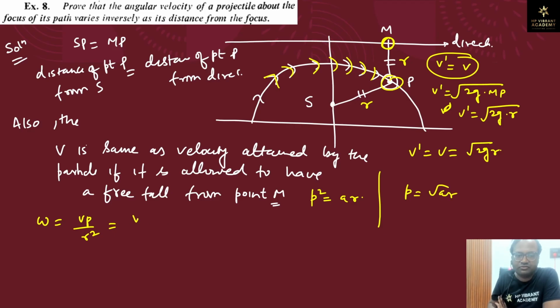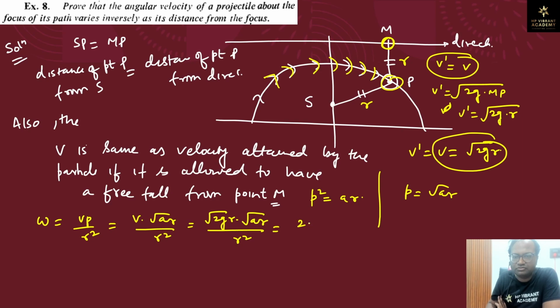So this will be equal to V into root under AR upon R square. And V we have as root under 2gR. So root under 2gR into root under AR upon R square. So this is equal to root under 2gA into R upon R square. So we have angular velocity equal to root under 2gA upon R.